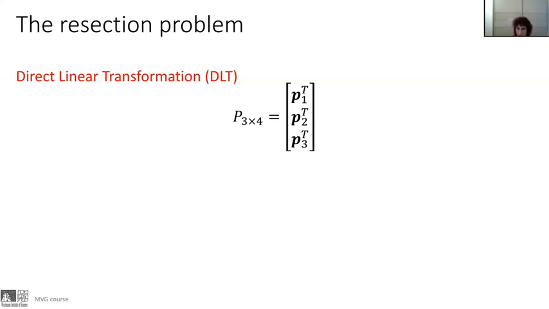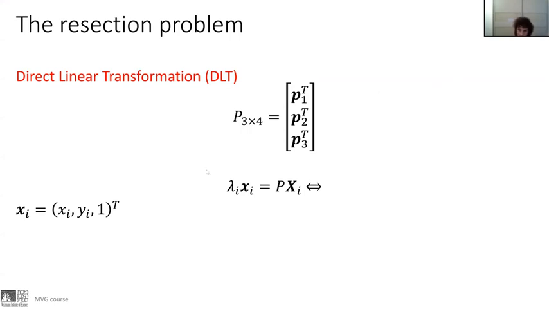Each row is written as P1, P2, P3. We have the point in space, and capital Xi and little xi are given. Now let's write the equations.